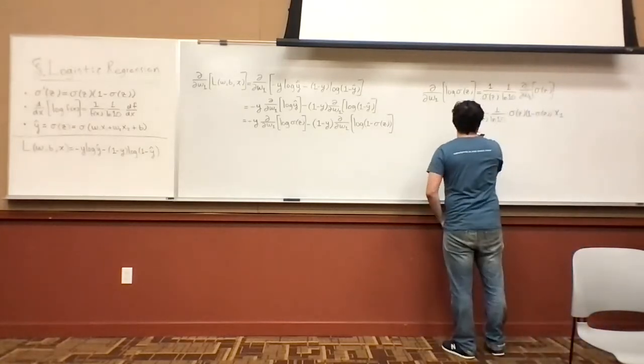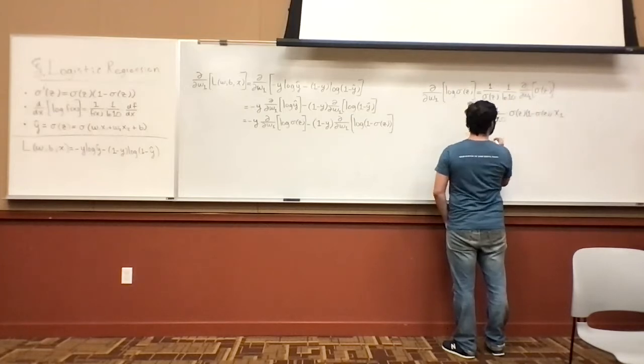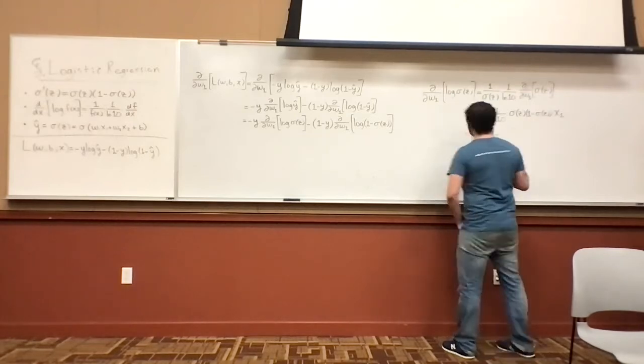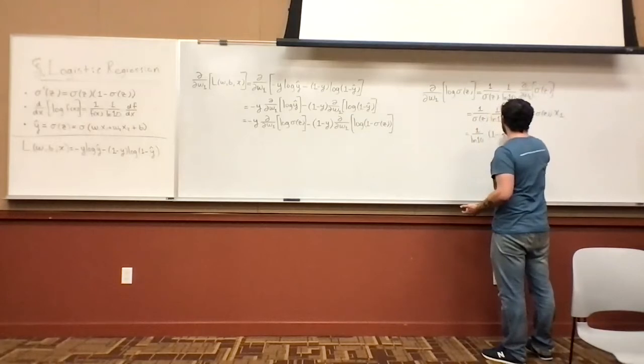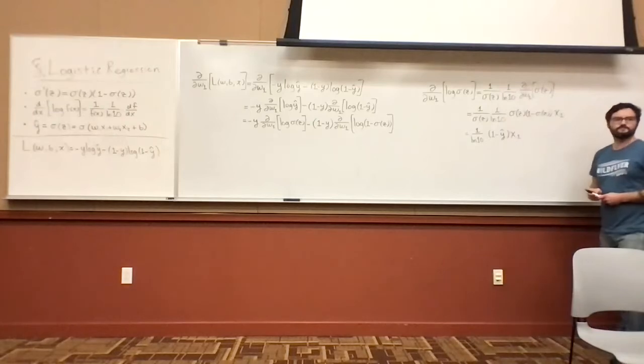And what are we left with? 1 over natural log of 10 times 1 minus sigmoid of z. What's sigmoid of z? It's really just y hat.